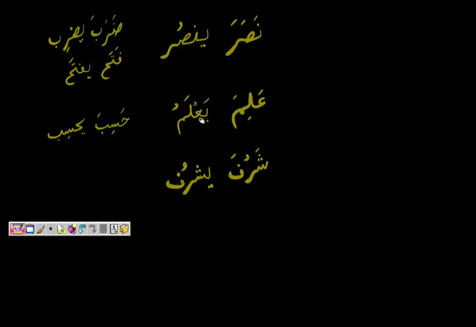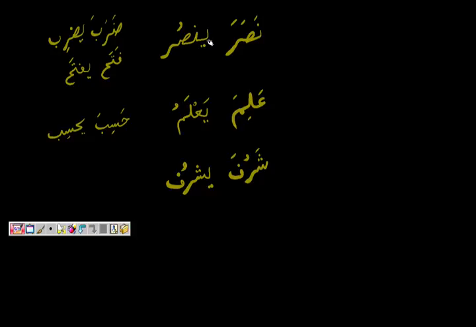So that gives us a total of 6 possibilities. 1, 2, 3, 4, 5, 6. And those are mentioned in the chart. Nasara yansuru, daraba yadribu, fataha yaftahu, sami'a yasma'u, hasiba yahsibu, karuma yakrumu.